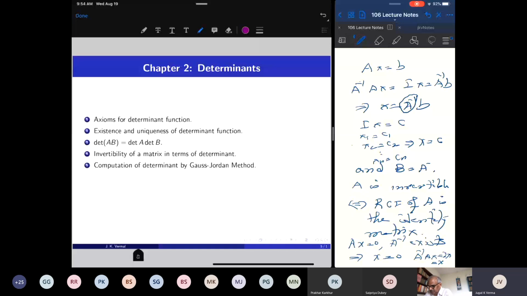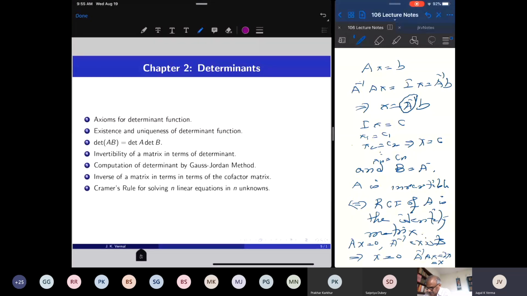If we do not insist on row canonical form and just want the row echelon form, then it is called the Gauss elimination method. But if you further continue and convert the matrix into row canonical form, then that method is usually called the Gauss-Jordan method. We will find the inverse of a matrix in terms of the cofactor matrix.